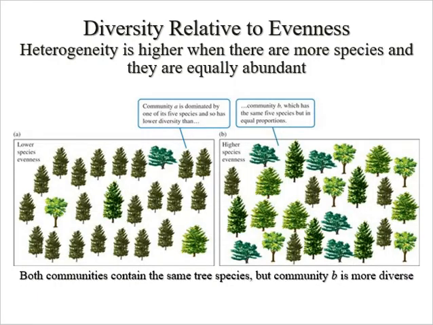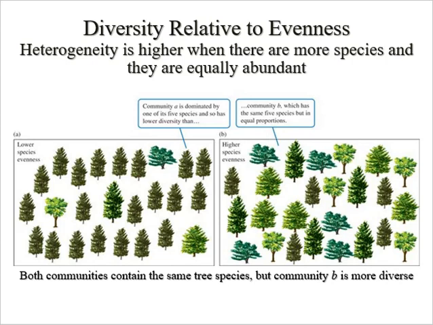All right, so as I was saying before, when determining which community is more diverse than the other, you have to consider both species richness and species evenness. Communities with even distributions of species are more diverse than communities with greater richness but skewed distributions.